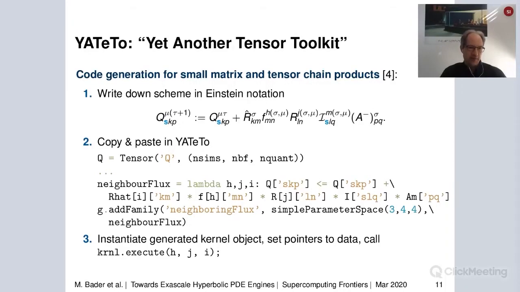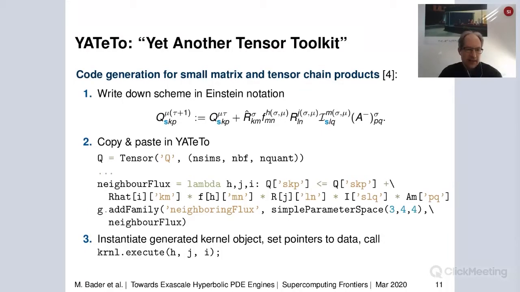Out of these several optimization steps that we performed on SeisSol, there evolved yet another tensor toolkit, as Carsten Uphoff, who was the main author on this, called it in the end. Tetto is a code generation utility for small matrix and tensor chain products. What you do is write down your matrix or tensor schemes, the element-local algorithms, in Einstein notation, which is a very widespread notation.